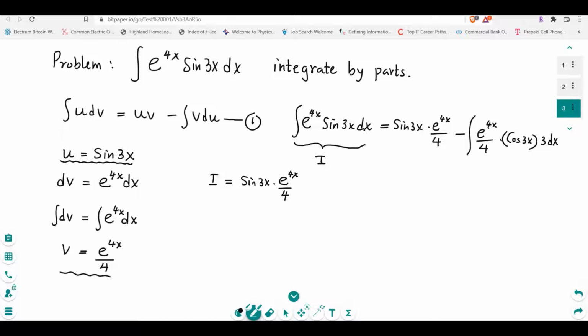And then I can pull out the 1/4 from the second term, and also I can pull out the 3. So we have minus 3/4 times the integral of e to the power 4x cosine 3x dx. Now I'm going to apply integration by parts to this integral.